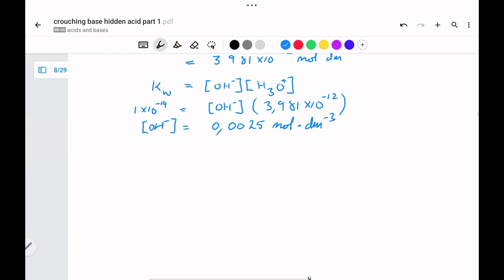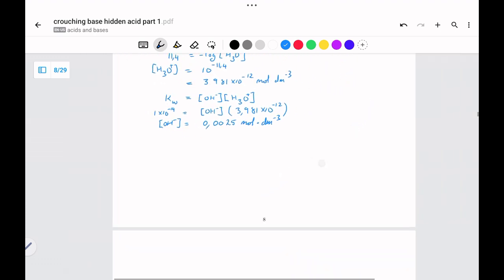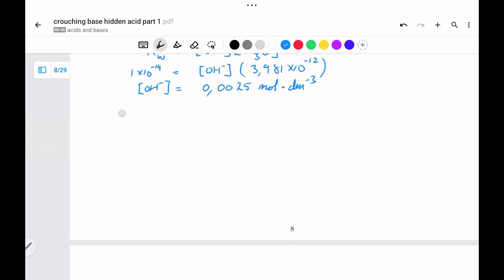So I'm going to write out the reaction with the ethanoic acid. Need more space here.